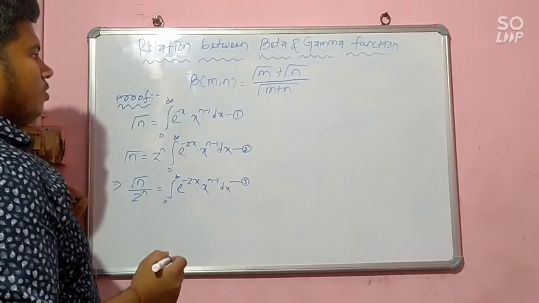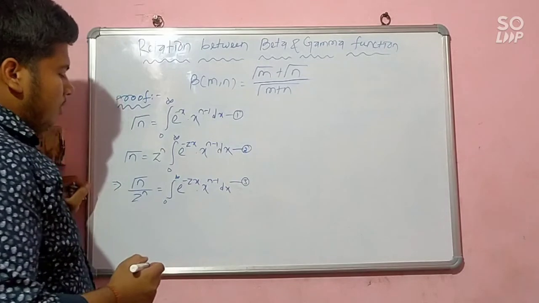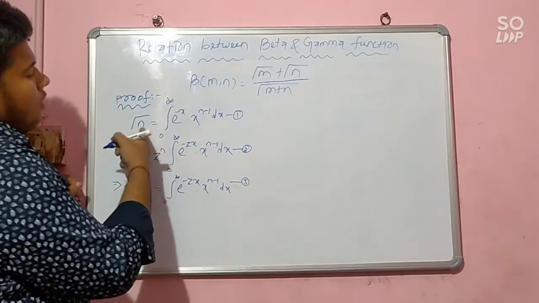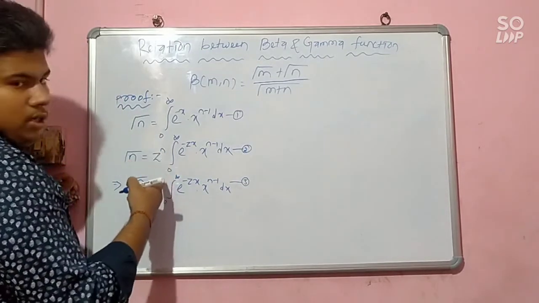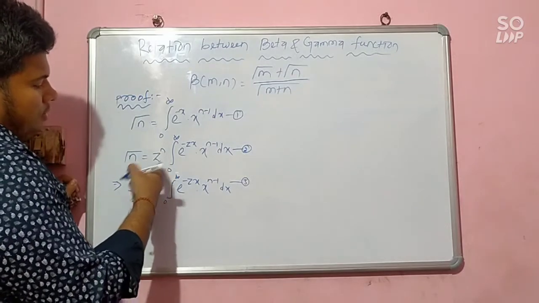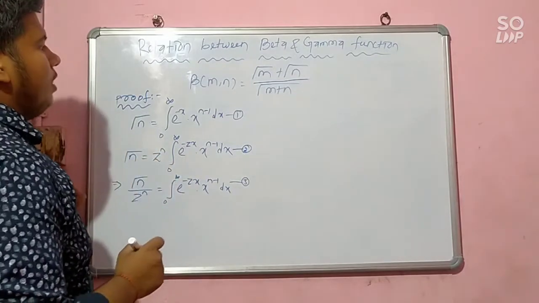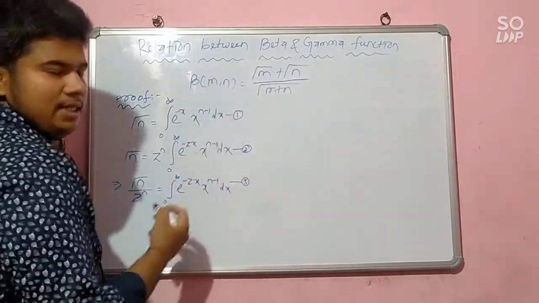Okay, so see, by the definition we can write this, and by the property of the gamma function we can write this. So we have to prove this relation.